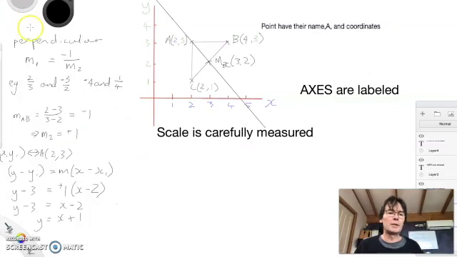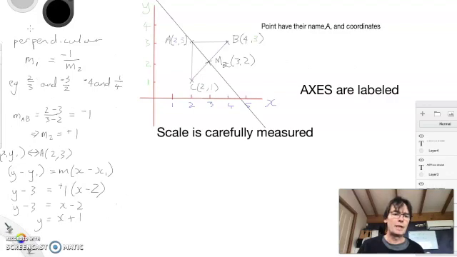To find the perpendicular line, we need to use this rule. M1, the gradient of the first line, is equal to the negative inverse. So we have to flip the gradient upside down, and we have to change its sign.